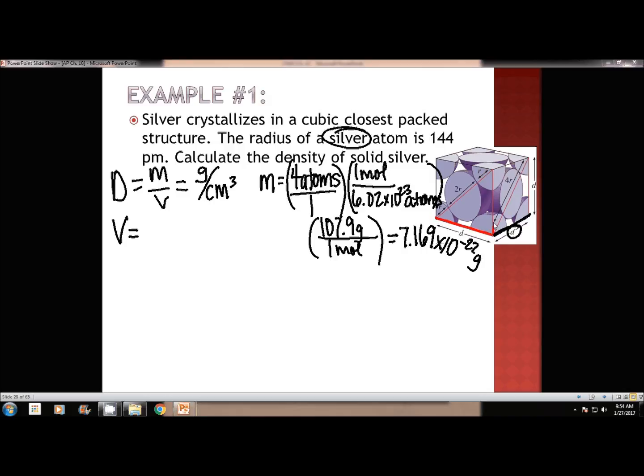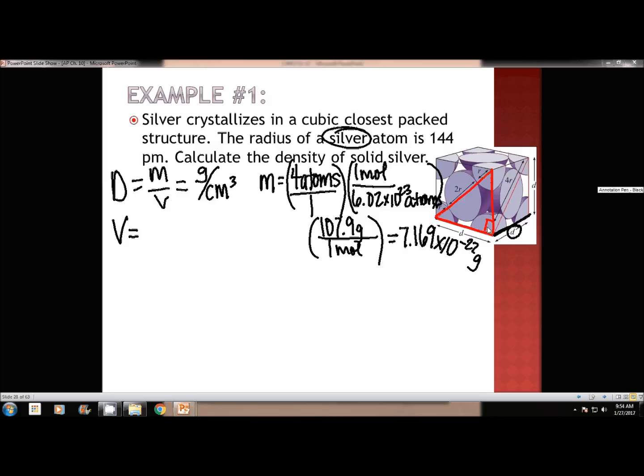Two sides of the triangle are length d, and then the hypotenuse of the triangle is r plus 2r plus r. This is a right triangle because it is a cube, so we can use the Pythagorean theorem, substituting in these variables, to solve for the length of a side. Then we can cube the edge to find the volume.